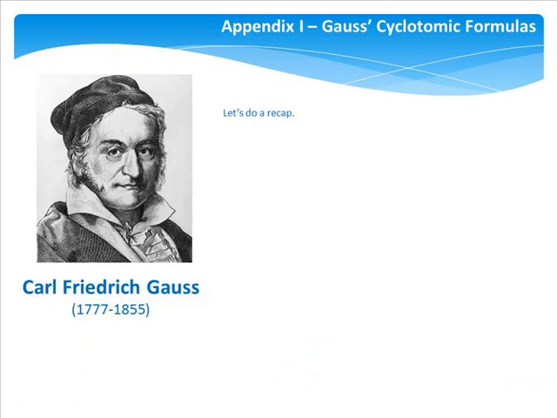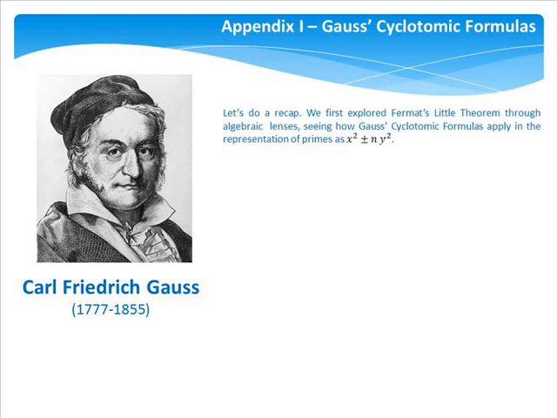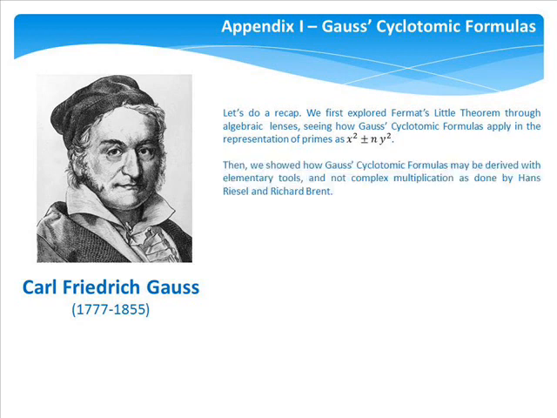Let's do a recap. We first explored Fermat's little theorem through algebraic lenses, seeing how Gauss cyclotomic formulas apply in the representation of primes as x squared plus or minus n times y squared. Then, we showed how Gauss cyclotomic formulas may be derived with elementary tools, and not complex multiplication as done by Hans Riesel and Richard Brent.